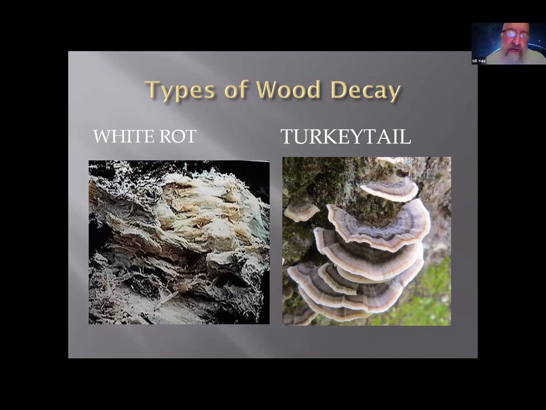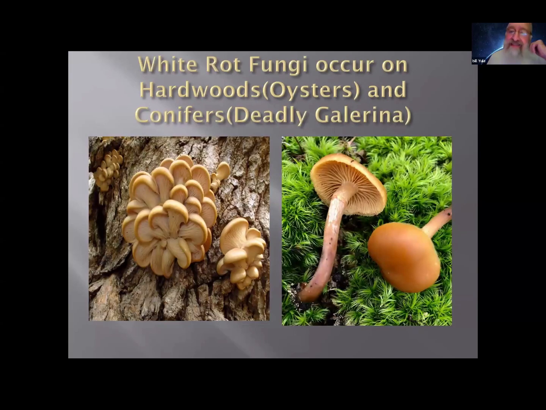So when you see a brown rot, a white rot fungus, and you break that log apart or that branch apart, it's white like this because that's mostly bleached cellulose. All right, here's a couple examples of a white rot fungus: oyster mushroom, which is a white rot fungus of hardwood trees.